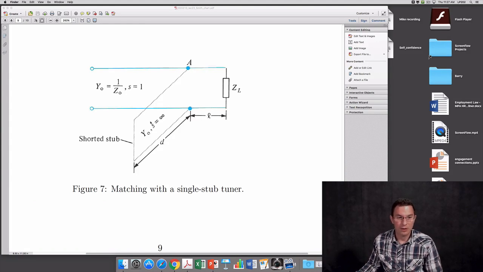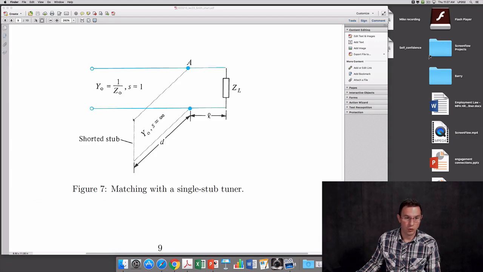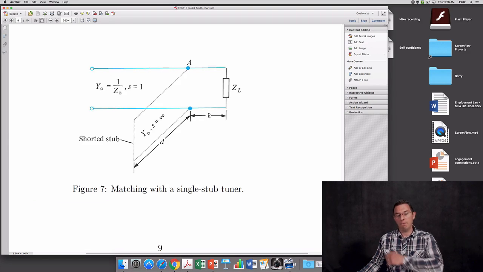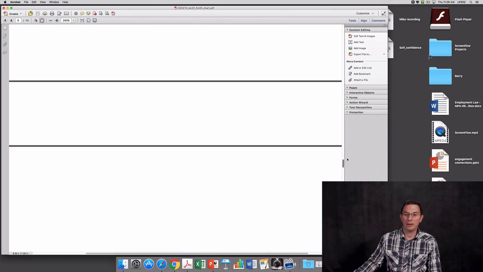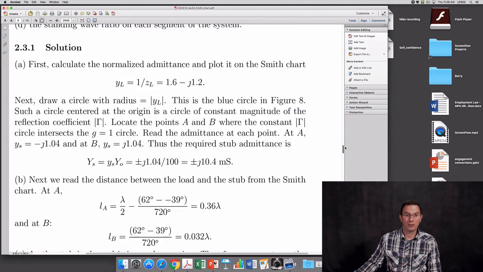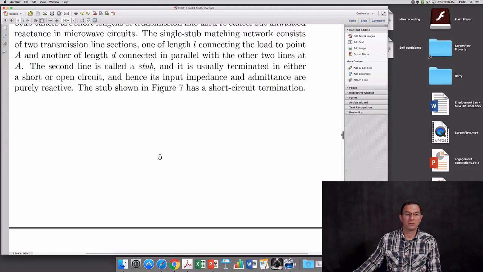And you'll see that this particular stub has been shorted. It's got a wire at its termination. You can also have open circuited stubs. We'll be focusing primarily on the shorted stub because the open circuit stubs tend to radiate energy, which is not always preferential.